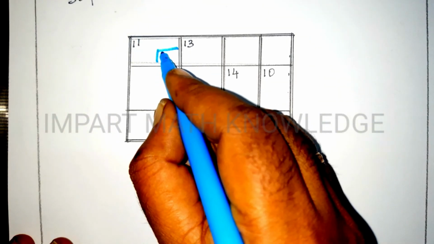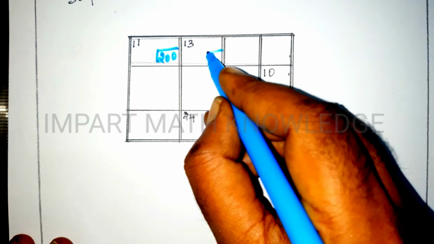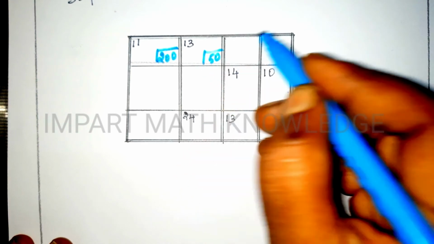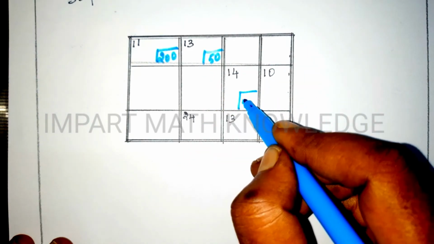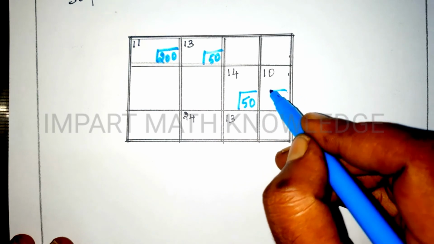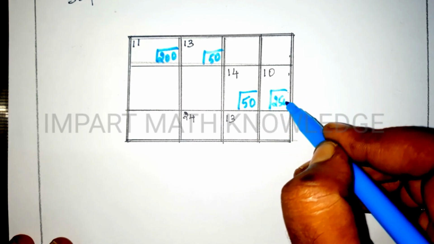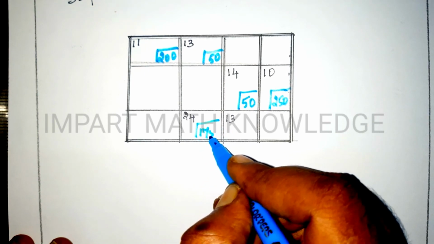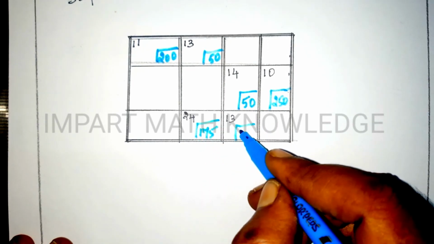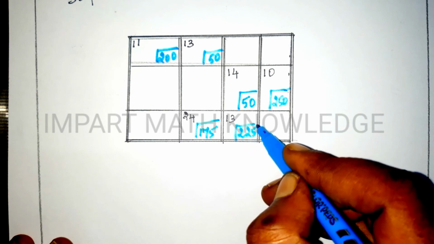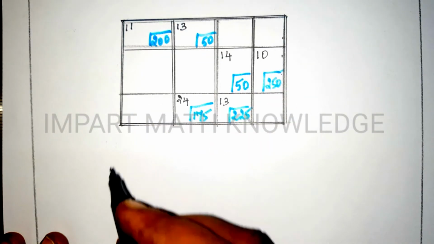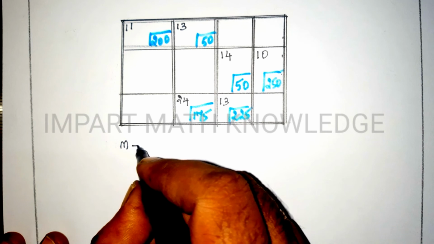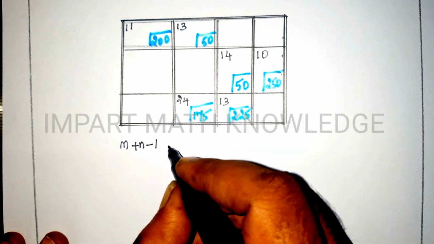This is 200, 50, 50 again, 250, 175, 225.